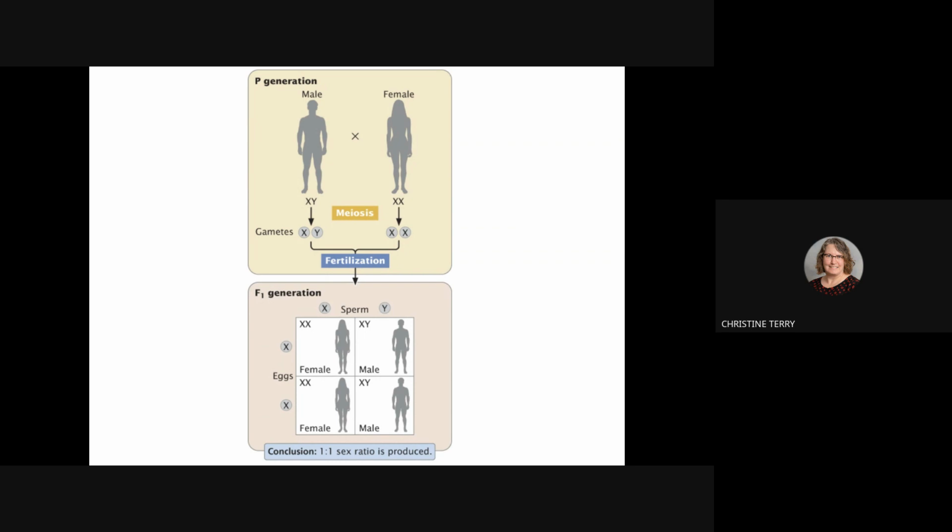He cannot pass that Y-linked trait to any of his daughters because they don't get the Y chromosome. And so that's what I mean when I say having genes on the sex chromosomes means we see different patterns that are sex specific.